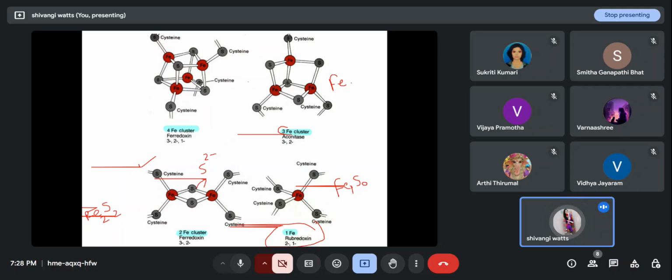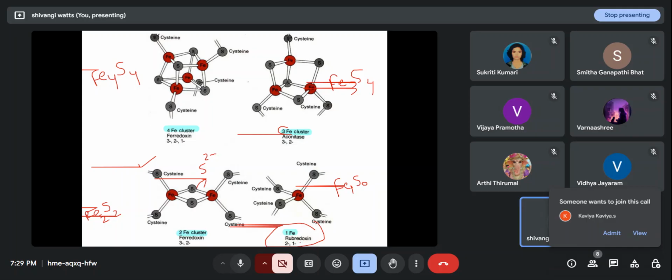Three irons are there, Fe3, and four inorganic sulfurs, so Fe3S4. Here there are four irons, Fe4, and four inorganic sulfurs, so Fe4S4.